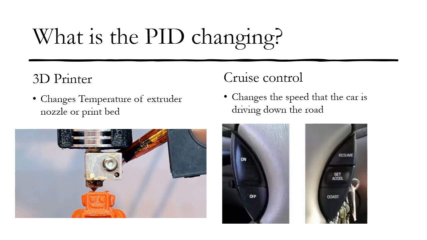with a 3D printer, the PID loop is used to help control the temperature of either the extruder nozzle or the print bed. So in the olden days, most temperature controls were done in what they call a bang-bang manner, which is like it's either on or off.